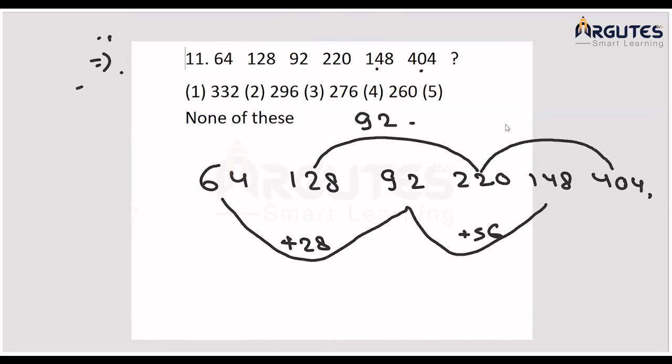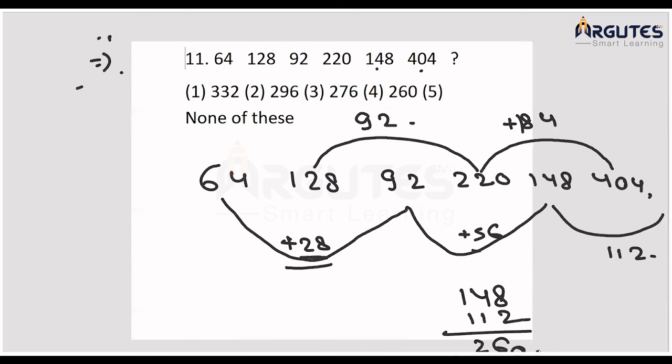How much is the difference? Difference is 184. Now the rules are confirmed. Every alternate number is getting added by twice of the previous addition. That is 28, then 56. So it will be 56 into 2, 112. So add 148 and 112, it will become 260. So our option will be 4.